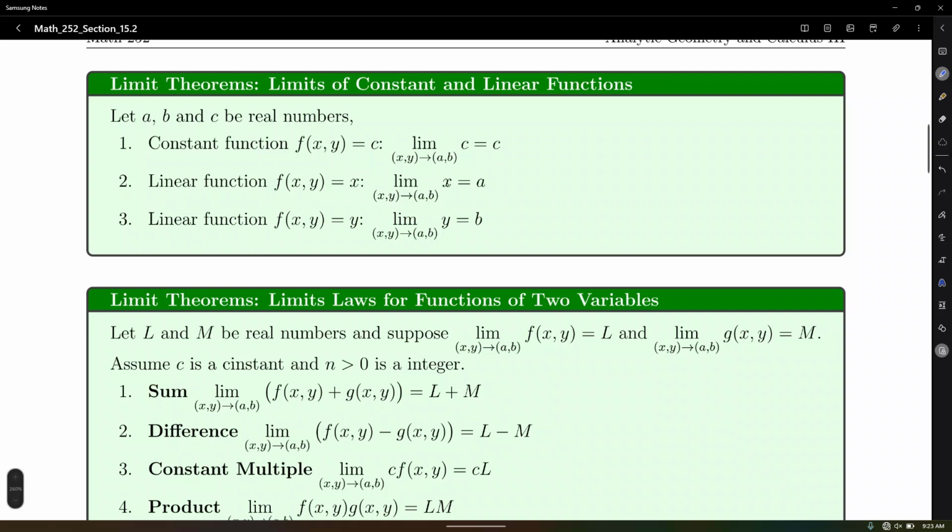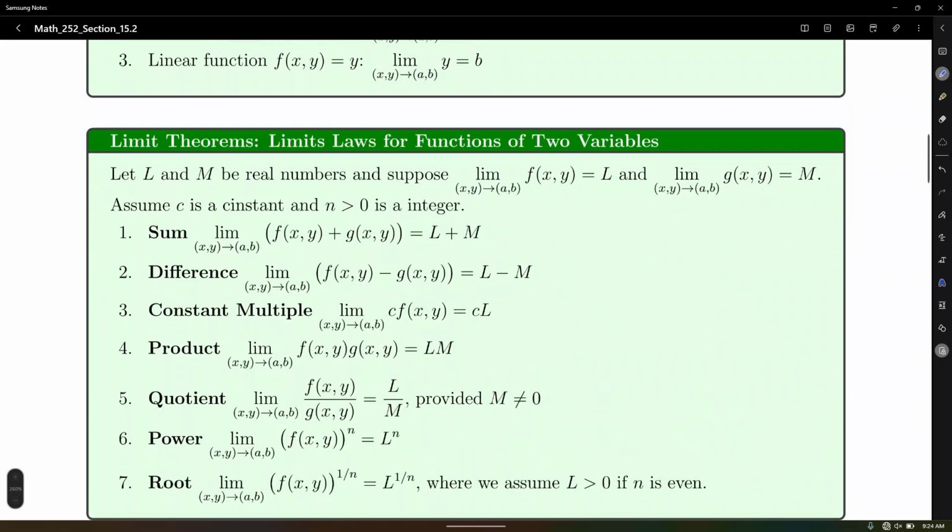If we evaluate the function f of x equals x at the point (a, b), all we're doing is evaluating x equals a, which gives us simply a. And likewise, for f of x, y equals y, all we do is substitute the y. Again, in a way, it's like evaluating functions, but we're really evaluating limits. All we do is direct substitution for the corresponding variable, like plug and chug. That's all it is.